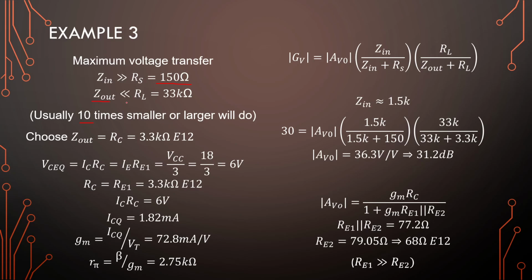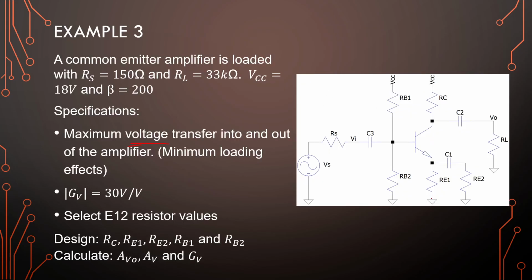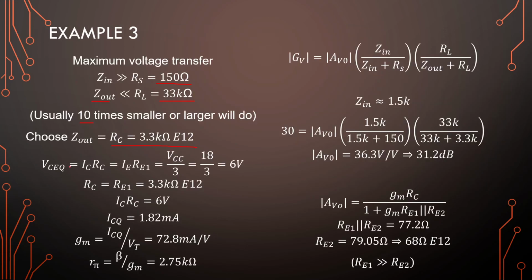Okay, output impedance smaller than the load, 33 kilo ohms. I would go with 3.3 kilo ohms then for our output impedance, and that will also be the selection of our collector resistor. Okay, nothing was mentioned about VE or increased output swing or whatever, so the three voltages here we can choose the same. So we have VCC over 3 on 18 volts, that is 6 volts.